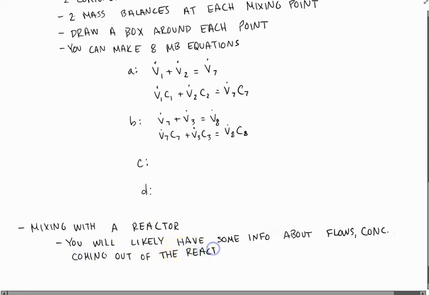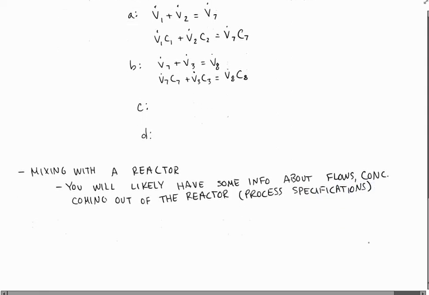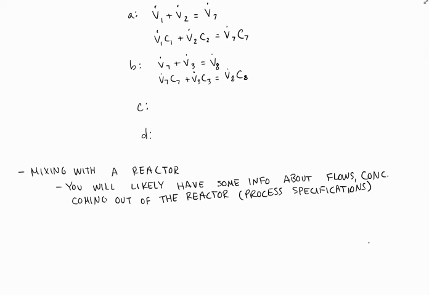You're probably also going to have some equations or some information on what's going into your whole entire system and what should be coming out of your whole entire system. These are all things you're going to want to include on your diagram.